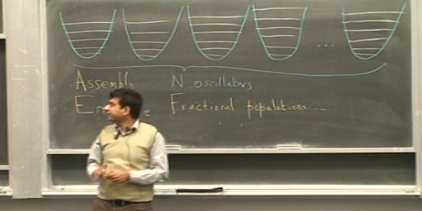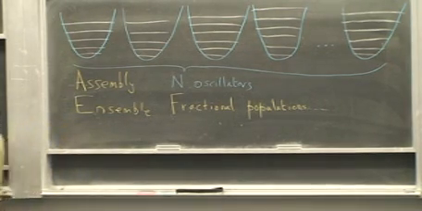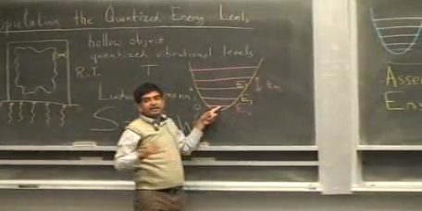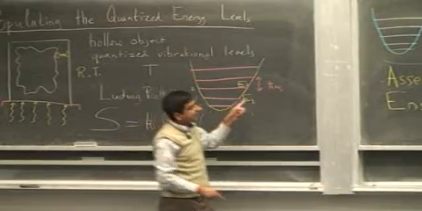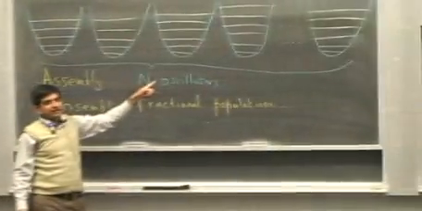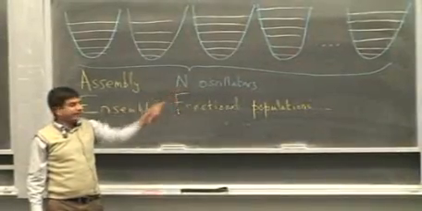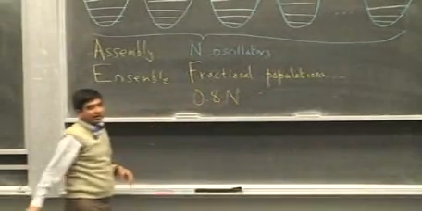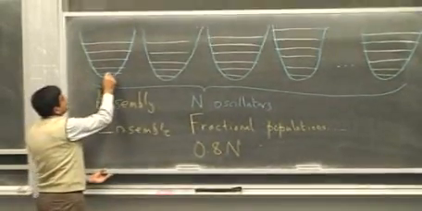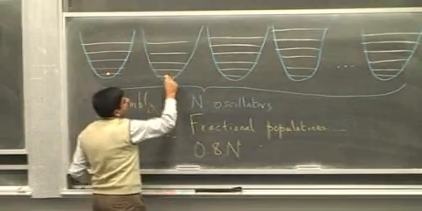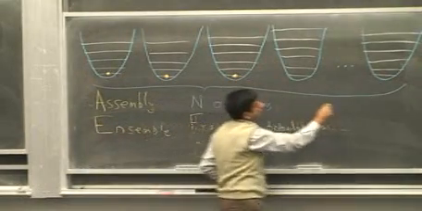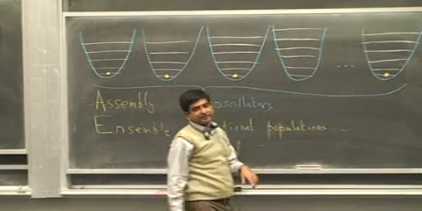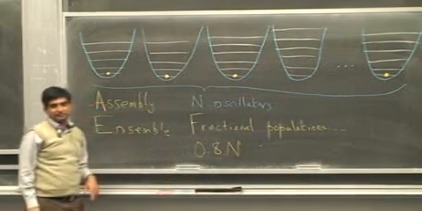Alright? So if there is a probability that E0 is populated and the probability is 80%, then if I look at all of these oscillators, 0.8 times n of the oscillators on average, I will find that the lower level is populated. So this is exactly 80% of the oscillators on average.